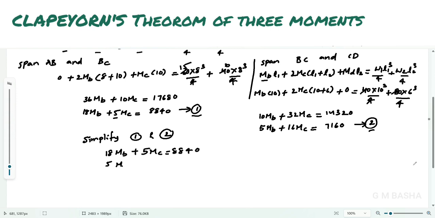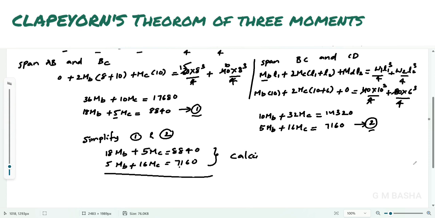Similarly 5 MB plus 16 MC equal to 7160. So these are the two equations. I think it is better to simplify by using your calculator. Even in the examination your calci will be allowed, that is, a scientific calculator will be allowed for your semester examination. So it is the best option to simplify these two equations by using your calculators.